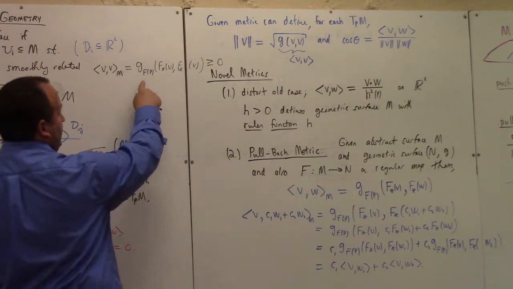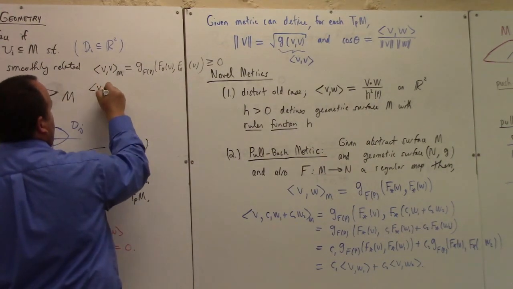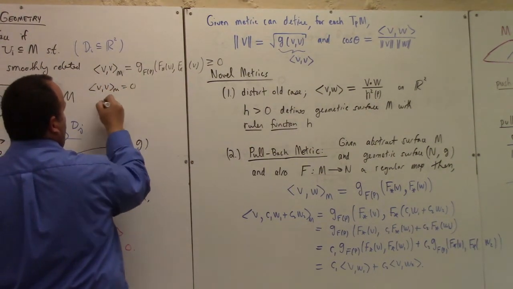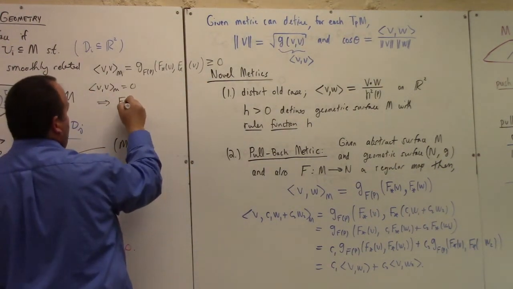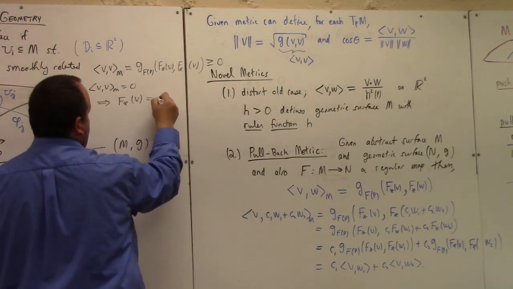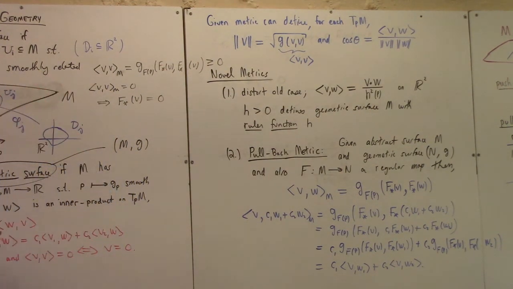So what happens if this is equal to 0? Well, that implies that this is equal to 0, which means that F star V must be equal to 0. But why does that mean that V is equal to 0? Well, if F star V is equal to 0, that means if you took 0 and pushed it forward, you would also get 0. But how do I know that that's the only thing that maps to 0?